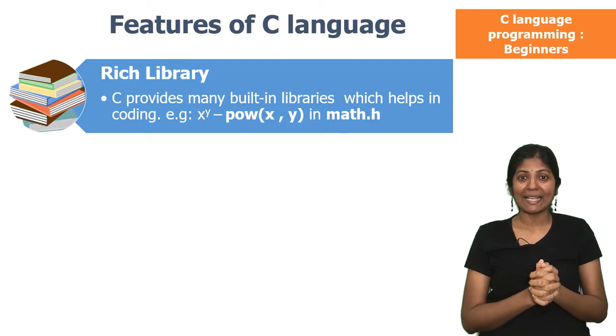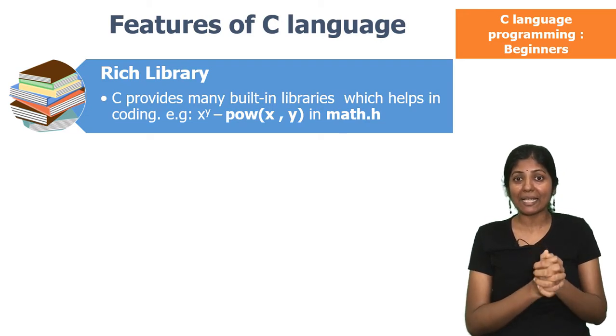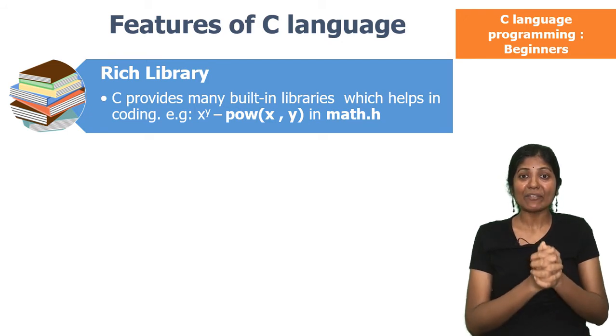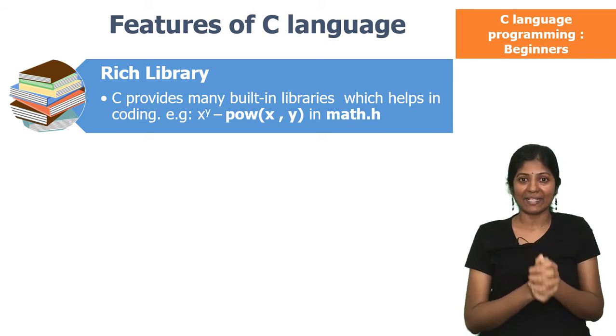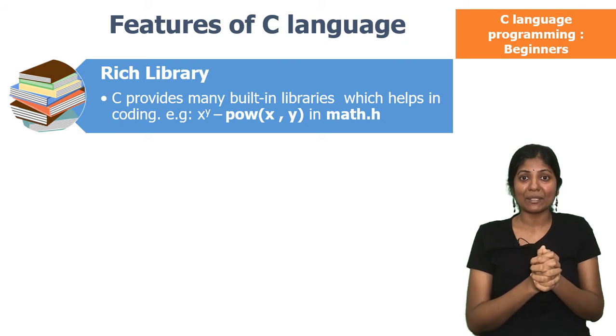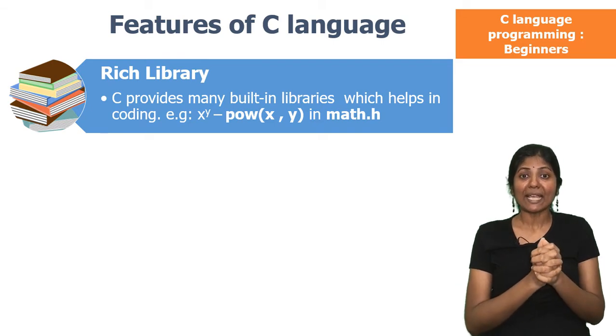C provides a lot of inbuilt functions, like mathematical and logical functions, in the form of inbuilt libraries, also called header files. This feature is really helpful if you want to write programs to solve problems in a faster way. Let's take for example, we want to calculate the power of a number.